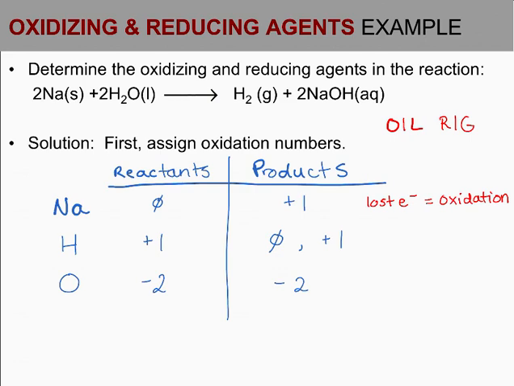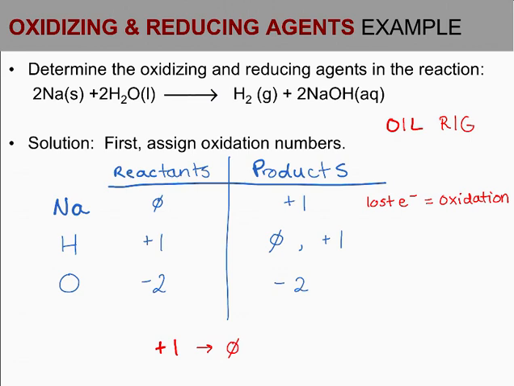And now hydrogen, we also saw a change in oxidation numbers. Hydrogen went from +1 to 0, at least for one of the products. So is that a loss of electrons or a gain of electrons? Since we're going from +1 to 0, that means we must have gained a negative charge because we're reducing the oxidation number from +1 to 0.